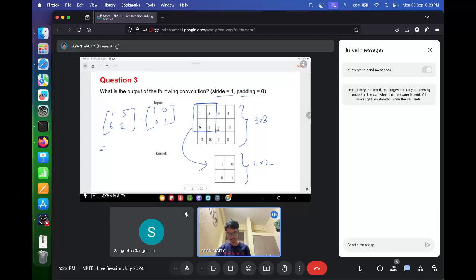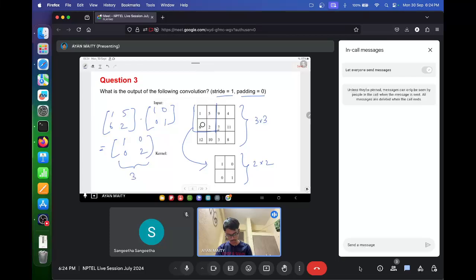So if we do this pointwise multiplication, we will have 1 0 0 2. Then we have to take the sum of all 4 elements of this pointwise multiplication matrix. So this is 3.